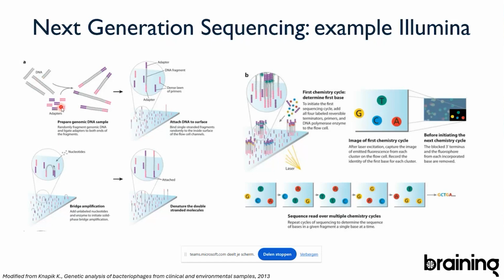Well, you add what we call an adapter. So on each side of such a DNA molecule, you add a universal adapter. And so if you put your mix of DNA with adapter on the flow cell, that means that in a random way, those DNA molecules will bind to your flow cell. So you have patches of DNA that are bound randomly to your flow cell.